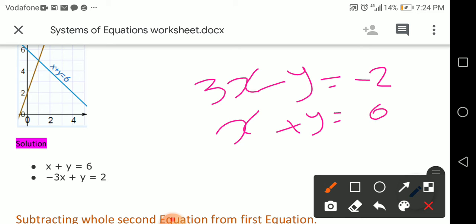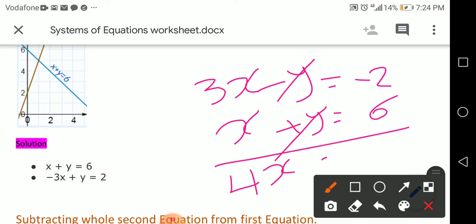Equals 6. So let's solve for this. Negative goes with positive, so I eliminated the variable y. 3x plus x gives me what, guys? 4x. And I have positive 6, negative 2. 6 minus 2 gives me 4.